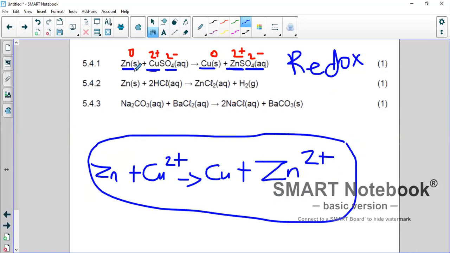So 5.4.1, redox. We move on to 5.4.2. Zinc solid plus HCl to give you zinc chloride plus hydrogen. Here we've got a gas forming, so you can say it's gas forming.